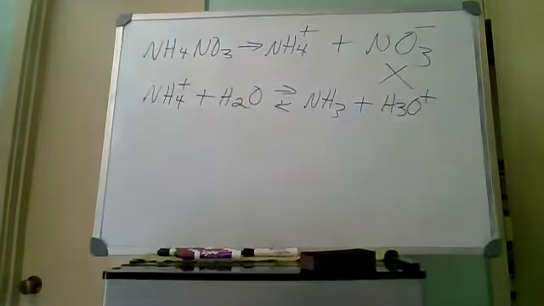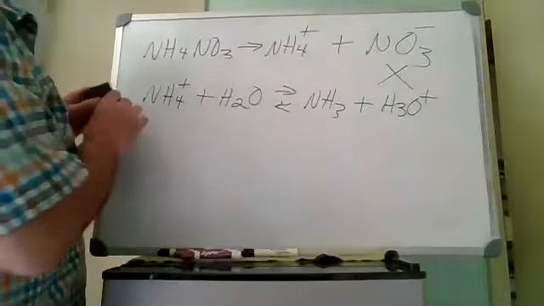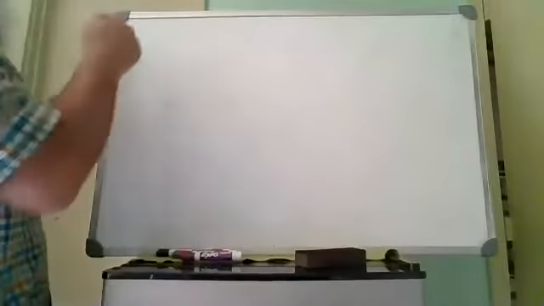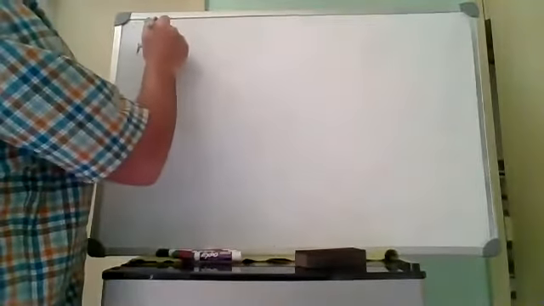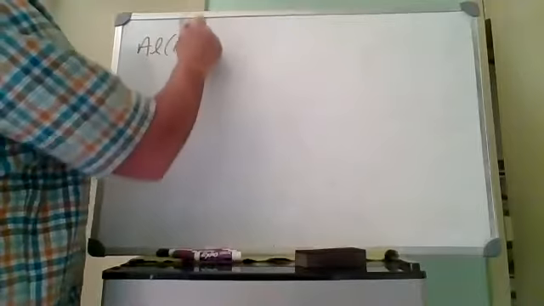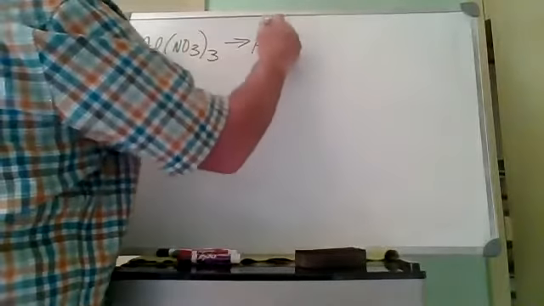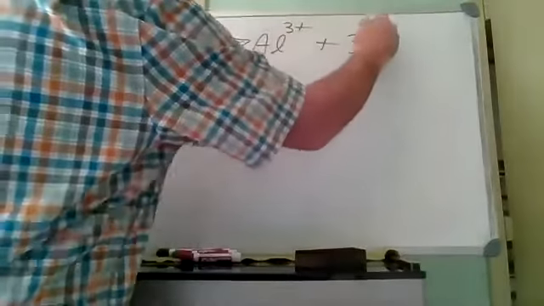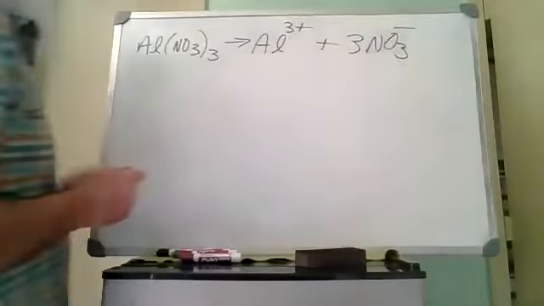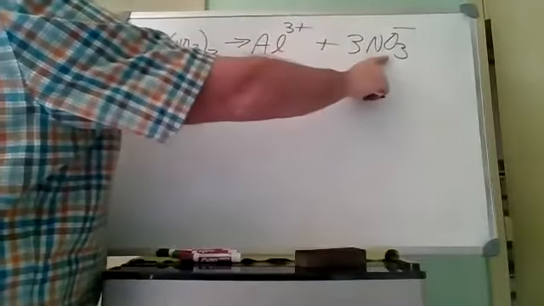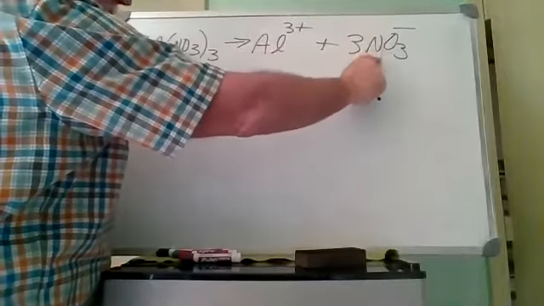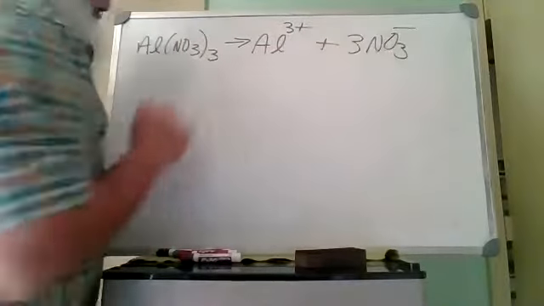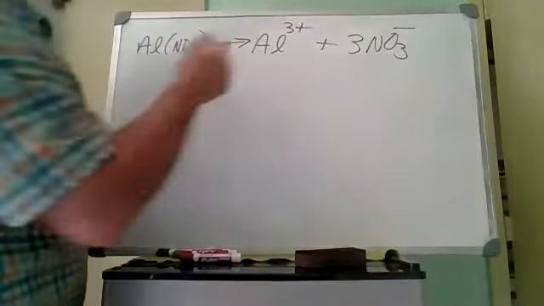Let's see, aluminum nitrate. That's going to give us aluminum cation plus 3 nitrates. But this is the conjugate base of a strong acid. Nothing happens. It will not react with water. And what about the aluminum?